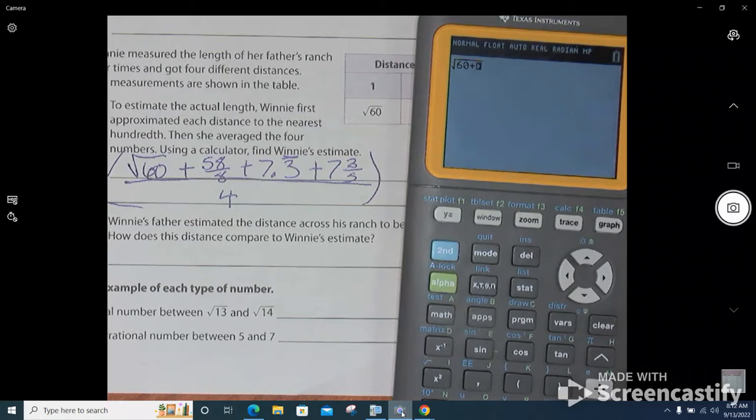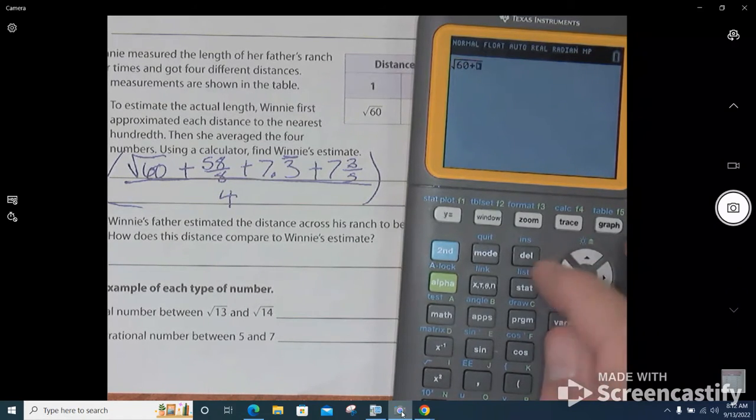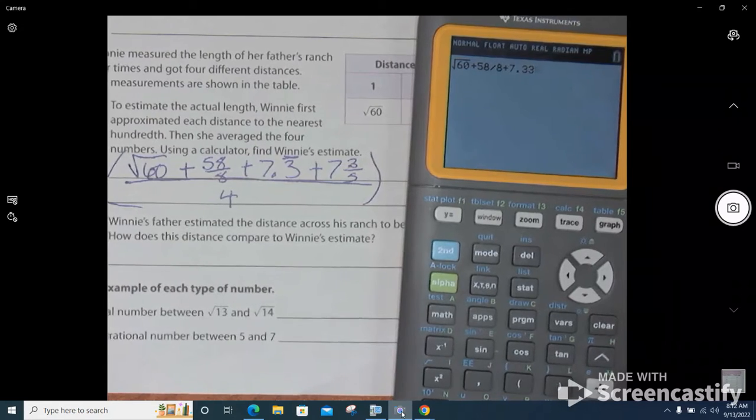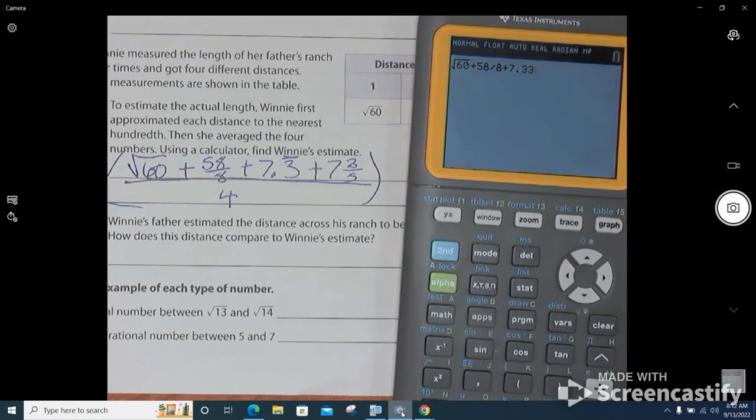Plus 58 divided by 8 plus 7.3 repeating. It said they rounded to the nearest hundredth, so you would say 7.33, right? Because that's to the hundredth place.